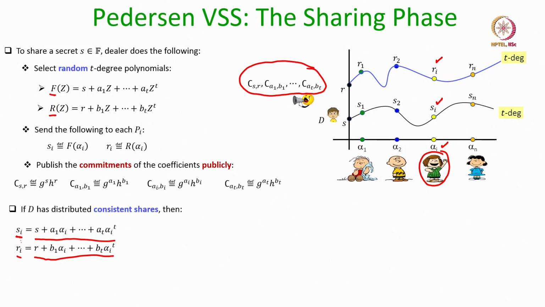So, notice that Si and Ri satisfy these conditions. That means, if we compute g to the power Si times h to the power Ri, then that will be the same as this.